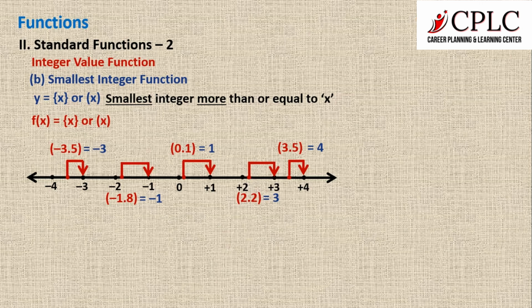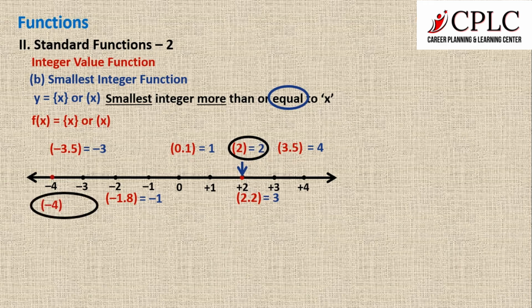Now, same will happen when you have the exact number. For example, 2. For 2, you will have exactly 2 as the value. For -4, you will have -4 as the output. You guessed it correct.